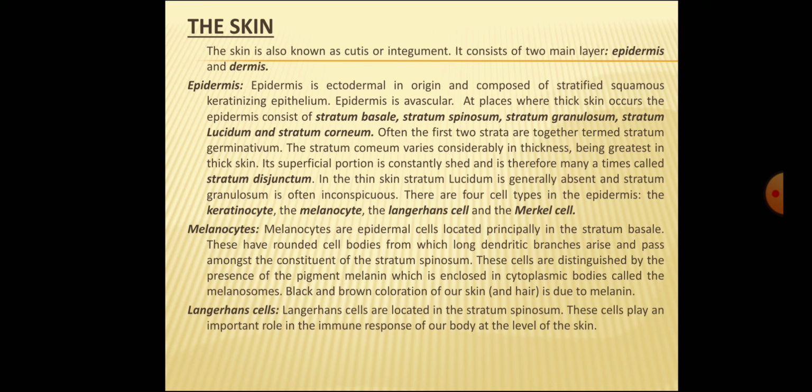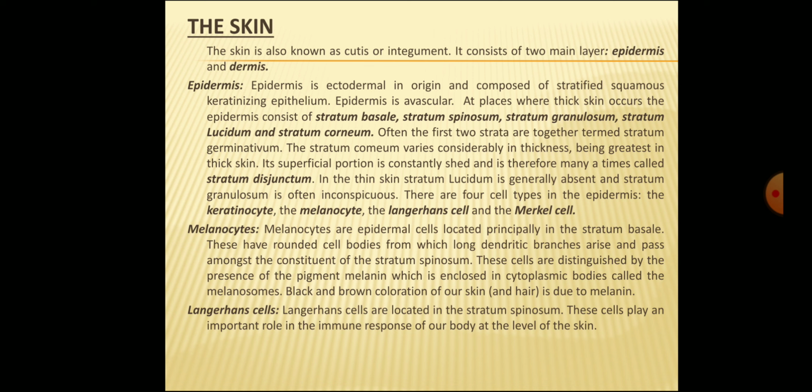These cells are distinguished by the presence of pigment melanin, which is enclosed in cytoplasmic bodies called melanosomes. These bodies are derivatives of the Golgi complex. Mature melanosomes traverse the dendritic process of the melanocytes and are passed to the neighboring keratinocytes. This cell to cell transfer is known as cytocrine secretion.